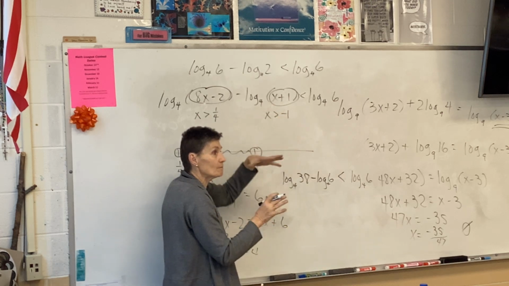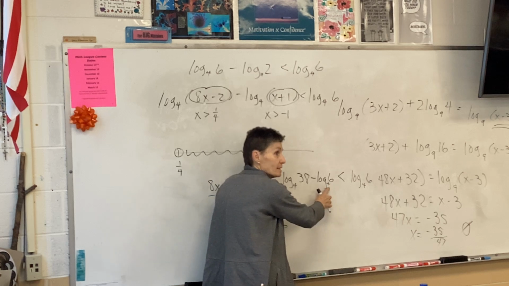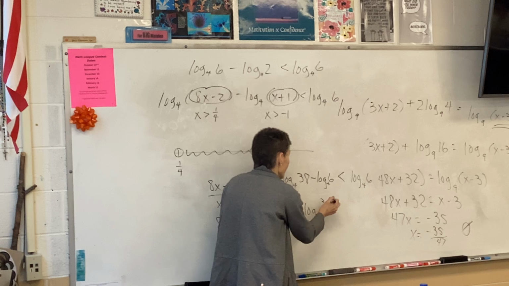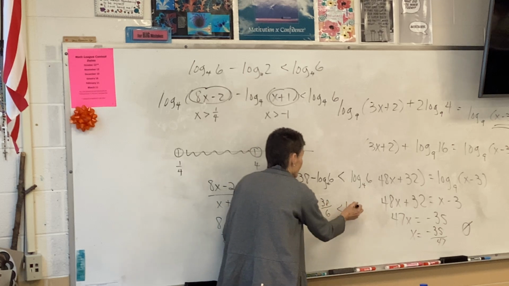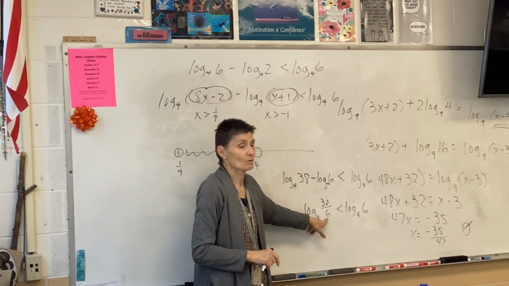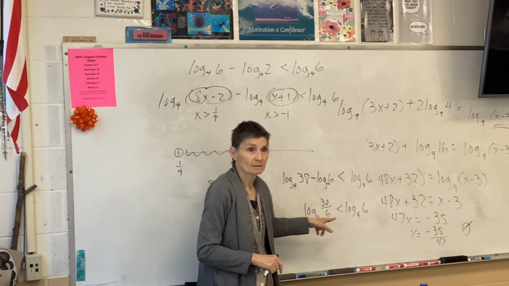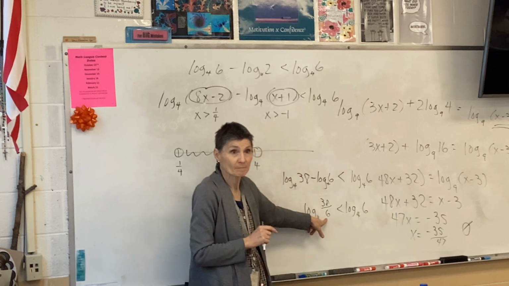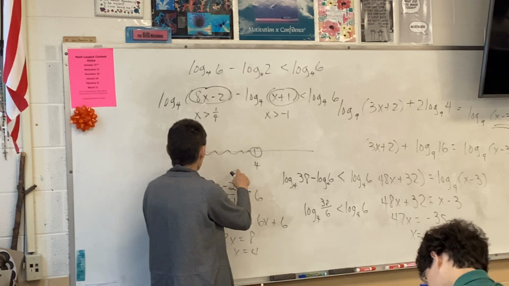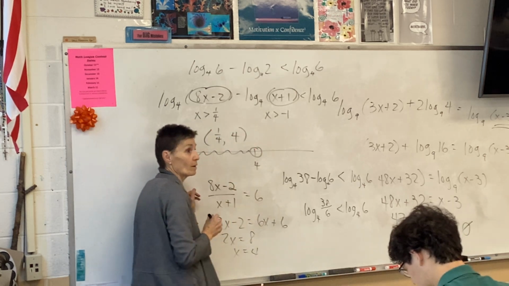Now, before you get confused about this, remember, these two numbers are going to get divided. So this is the log base 4 of 38/6 and the log base 4 of 6. Is this number bigger than 6 or less than 6? Bigger. So that's not true, is it? Because this is 6 point something. So that doesn't work. So the only answer to the problem is the interval from 1/4 to 4.